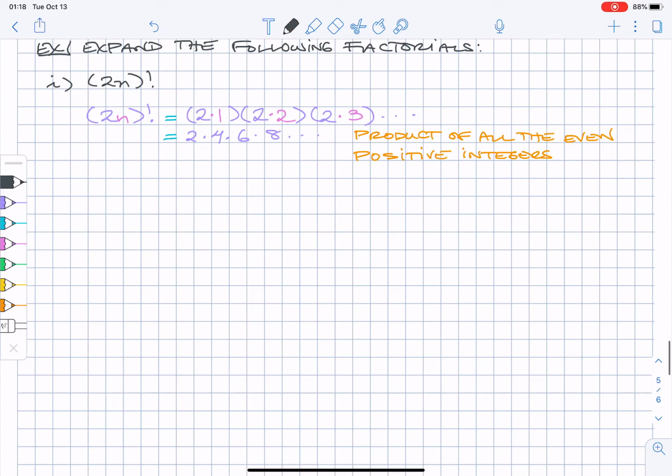Okay, so number 2. What do you think 2n plus 1 factorial will give us then? Well, let's see.